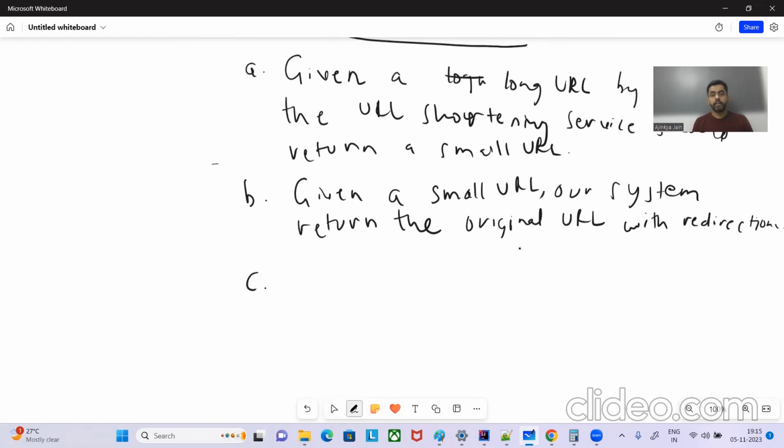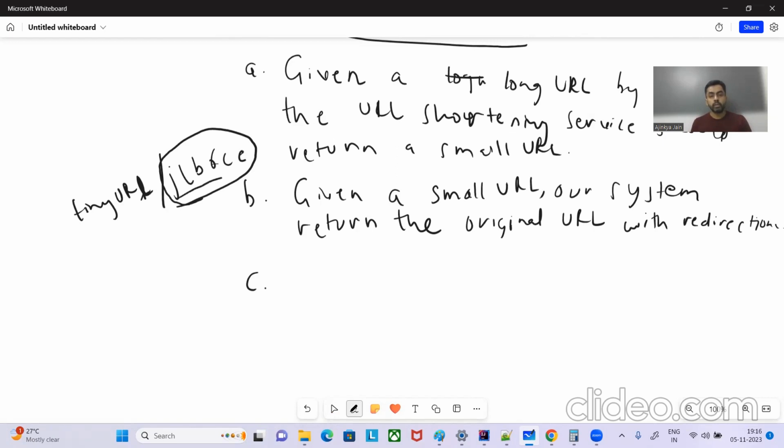Then, as you must have observed in the example, there was this tiny URL hyphen JLB6CE. This is the small key, the unique identifier for the long URL which was provided by the user.